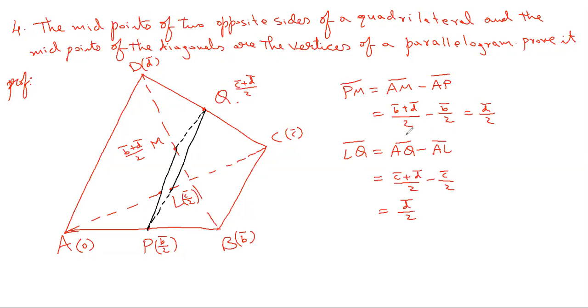So you got both the same. This is not just the same magnitude, you got the same vectors. That means the PM bar is the same as LQ bar.